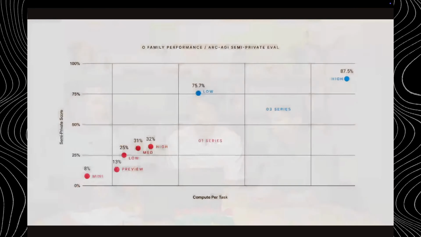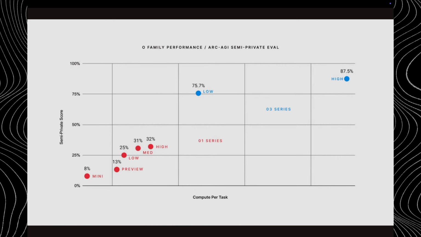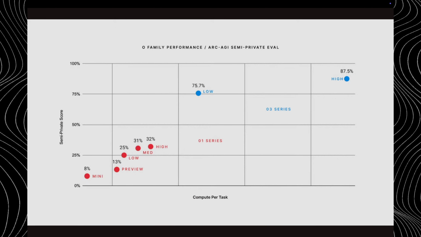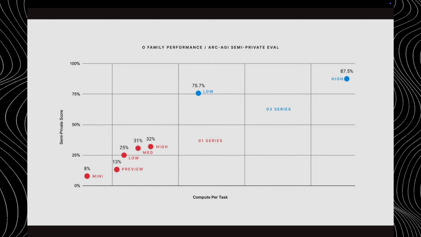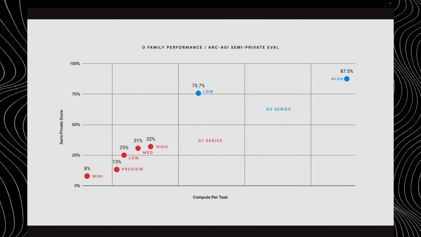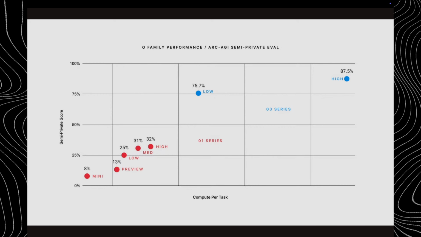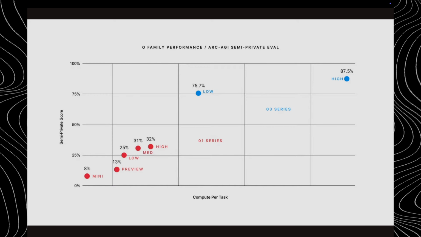Drawbacks and challenges, high costs and implementation complexities. Like any innovative approach, deliberative alignment has its drawbacks. One of the primary challenges is the high computational cost. Training such models requires significant computational resources and carefully curated data sets, which increases both development time and financial investment.